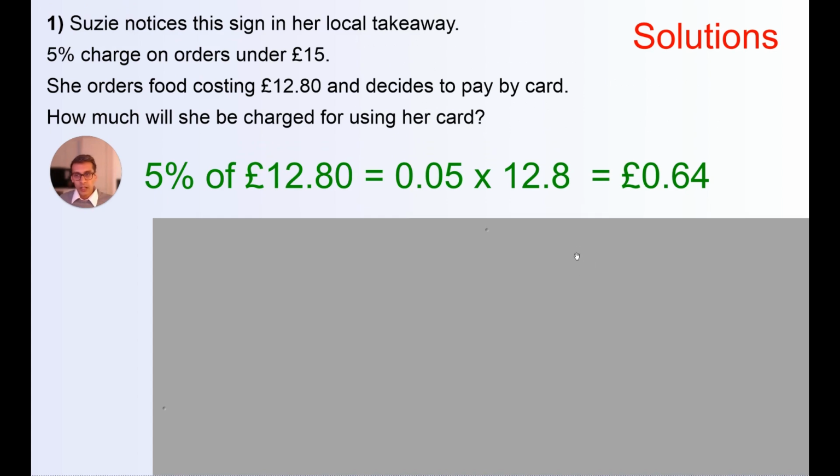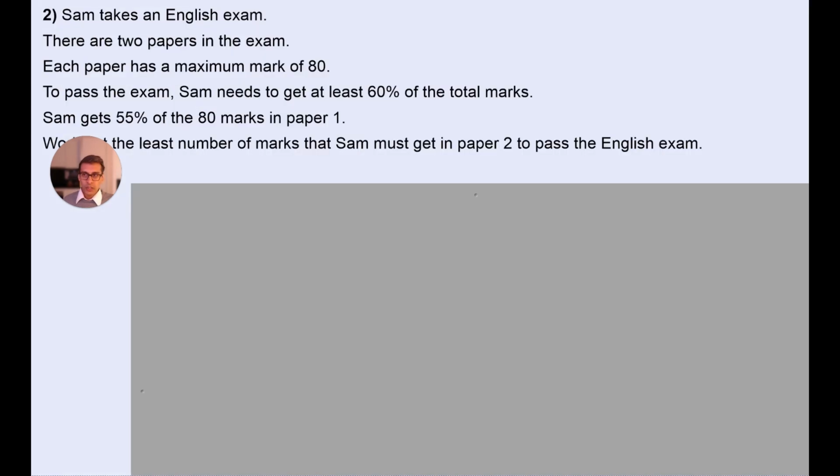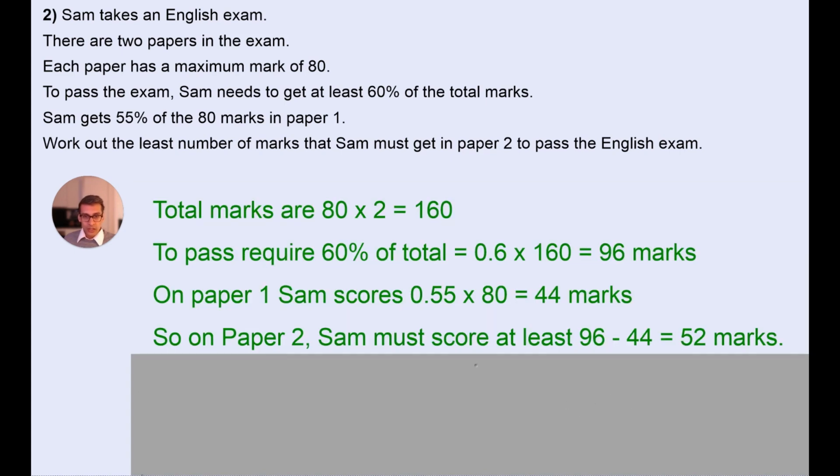So for question 1, 5% of £12.80 is what we wanted to find. Mark your own work here. For question 2, each paper has a maximum mark of 80. Sam needs to get at least 60% of the total. The total is 160 marks because there's 2 lots of 80. So here's your work.